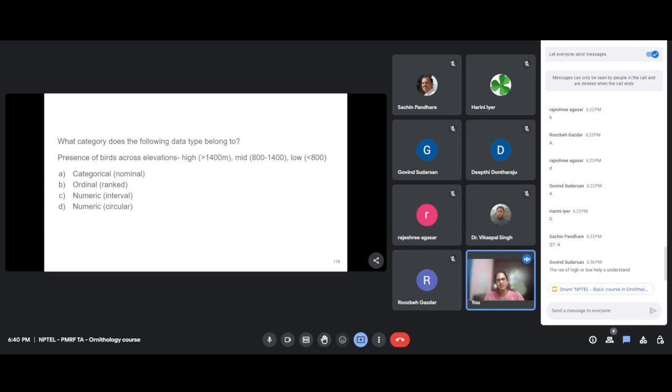It doesn't make sense saying that Sholakili is present at 1000 meters and at 1600 meters, but not in between, right? Based on your study you might see this, but based on my study I have found it to be present at 1500 meters also. So it's not painting a nice picture of a distribution of the bird across elevational gradients.